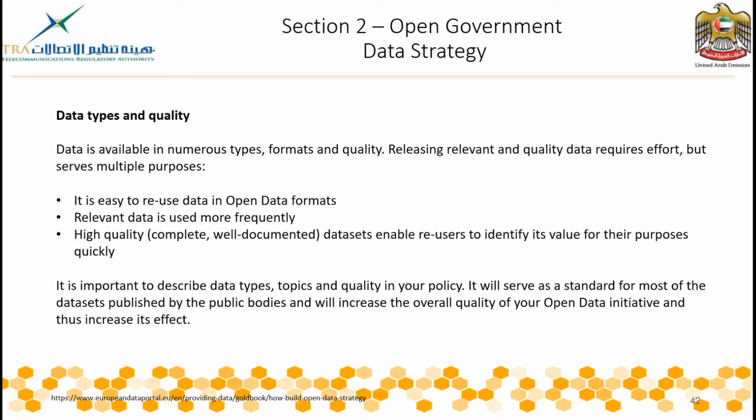It is important to describe data types, topics, and quality in your policy. It will serve as a standard for most of the datasets published by the public bodies and will increase the overall quality of your open data initiative and thus increase its effect.